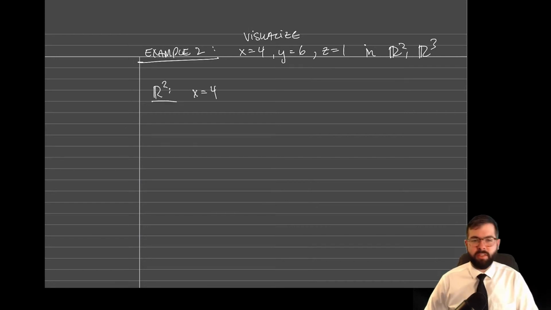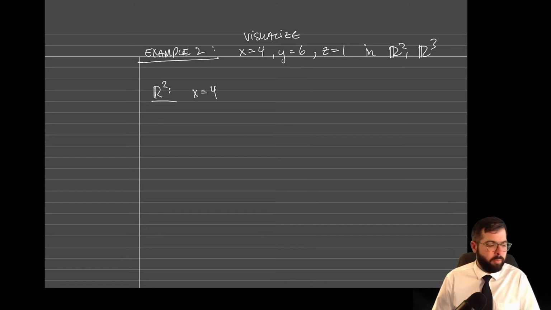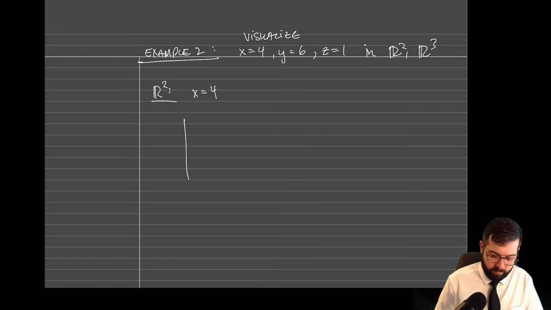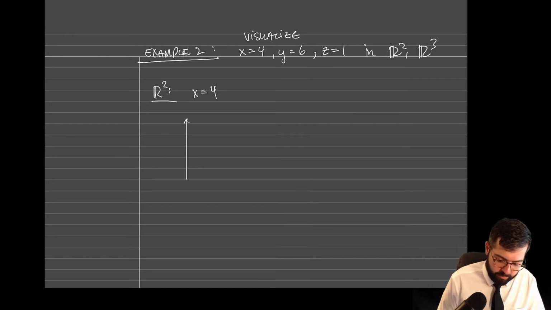So what does x equals 4 look like in R2? Who can remember that one? Just be a vertical line. That's a vertical line out here at 4.